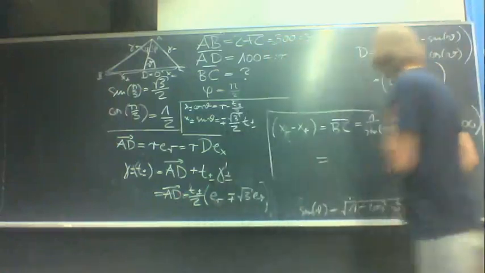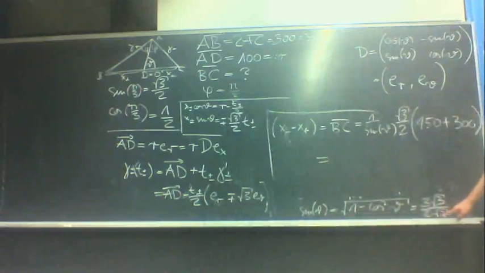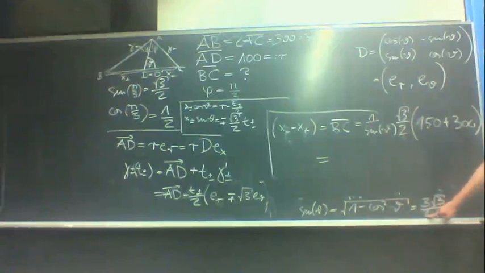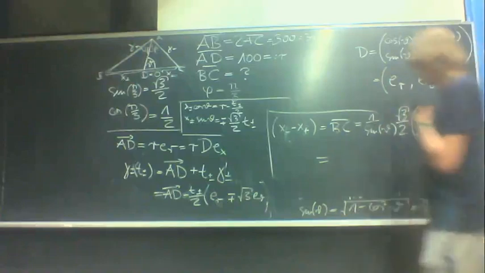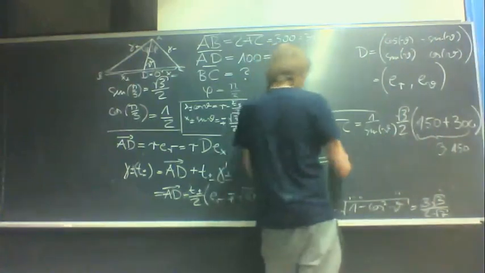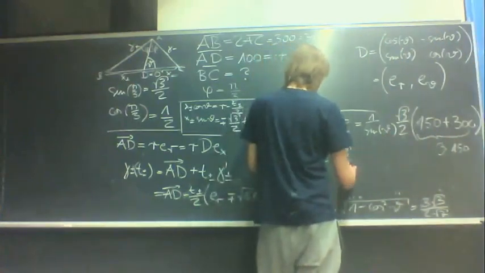This will be fine. So sine of theta, we see that this and this will cancel out, and we will be left with 3 and 7, but this is nothing but 3 and square root of 7. This is nothing but 3 times 150. So let's just insert the whole stuff here.